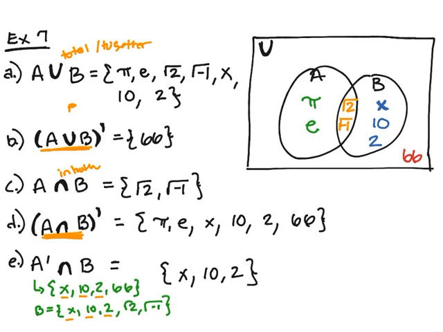Whatever is not in A, intersecting with what's in B, yes. Because you're taking this off. So it'd be just what's in B.